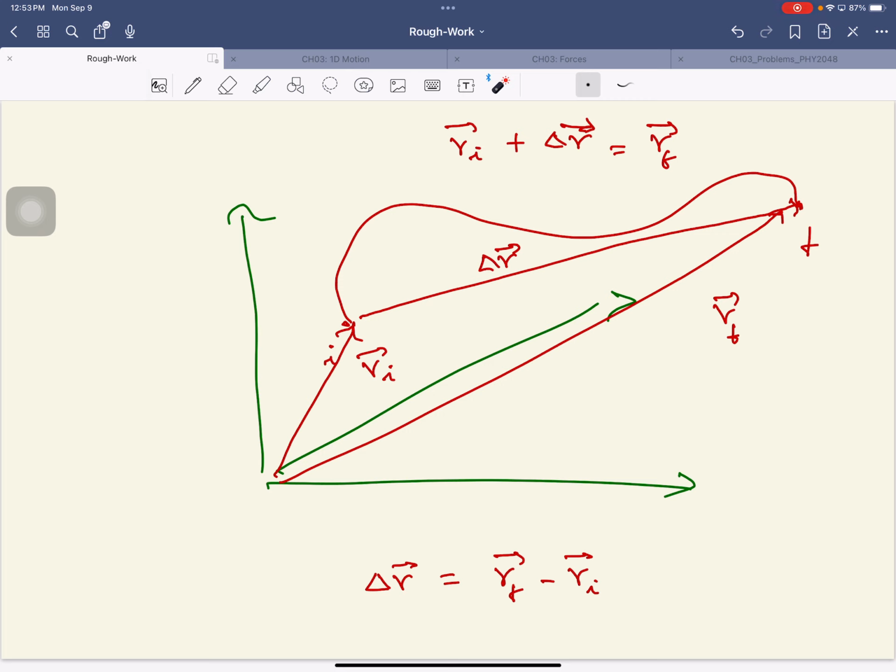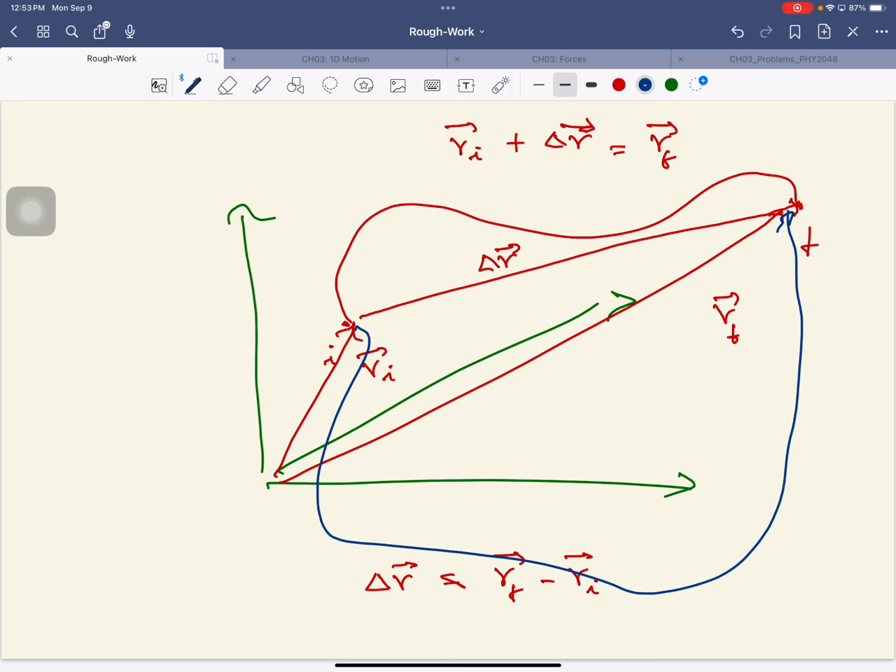Now, this is a very gross quantity. Why is that? Because what is the displacement vector for this journey? It's the same. How many different journeys are there for which that is the displacement vector?